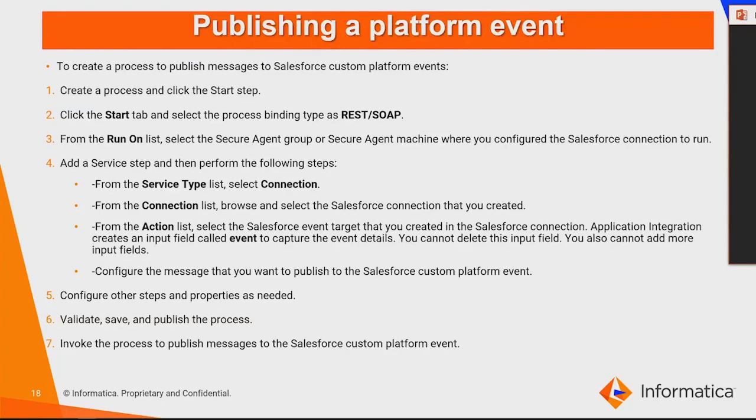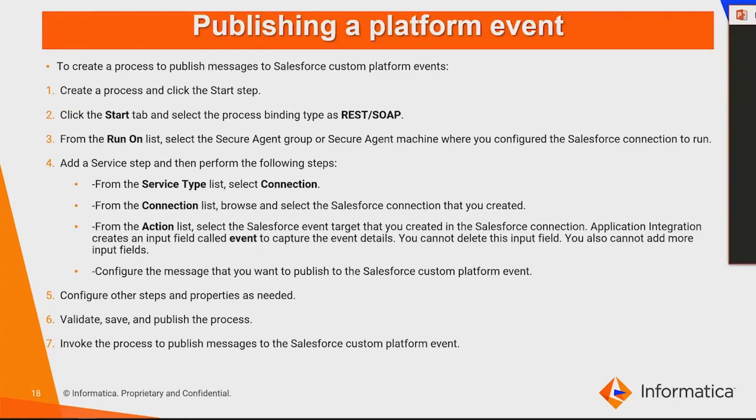The thing to note here is that usually all the customers use the first way of publishing that event. The drawback with that is you need to make sure that both your connection as well as process must be published on the same agent or agent group.